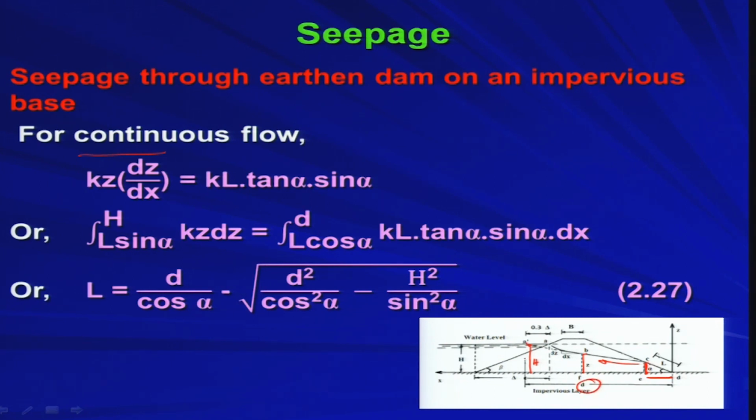This is the distance from point D to point A prime along the x axis. If you perform the integration, you will get the expression for L, which is given by this. Once you know L, you can find out the rate of seepage through the dam body.